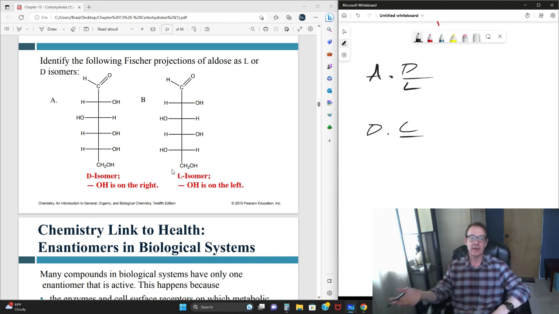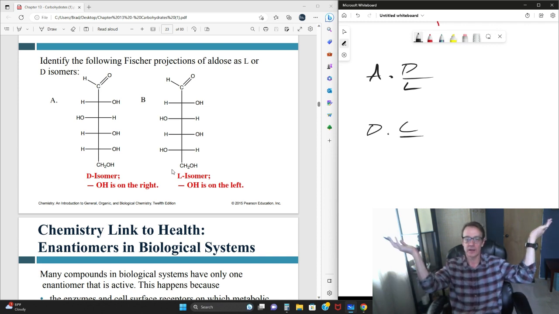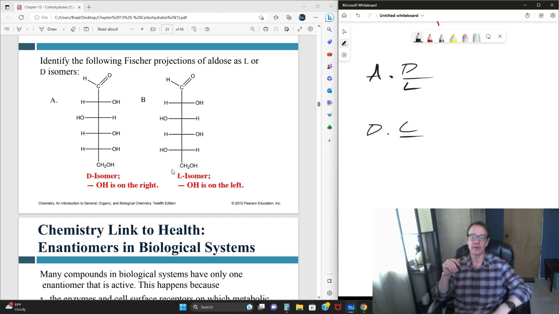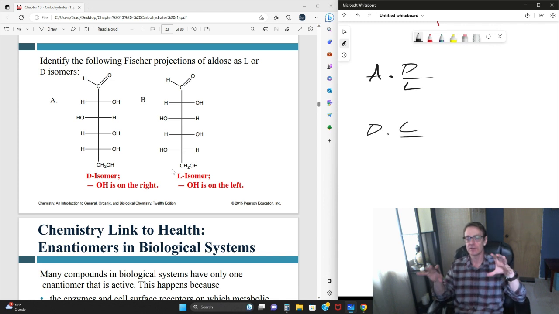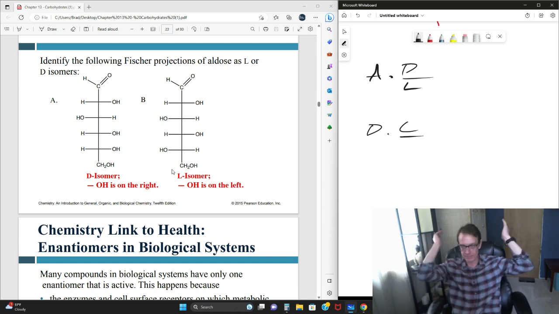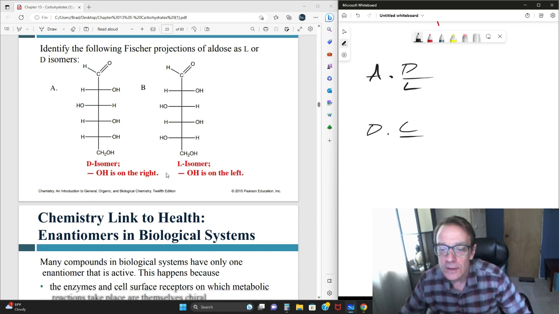Okay. D might be digestible because the enzymes that break it down only work on the dextrorotatory form of something. So it all comes down to the lock and key fit into enzymes. Okay. And there are some drugs that are mixtures of D and L versions of something. And we are getting to the point where we can get just the active version, and then we can cut the dose in half and cut down on side effects and all kinds of things. So it's kind of a cool thing to look at.